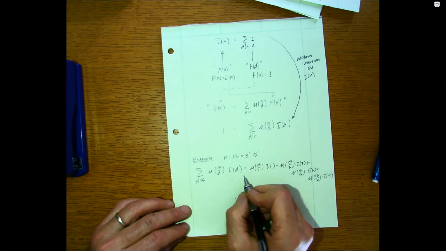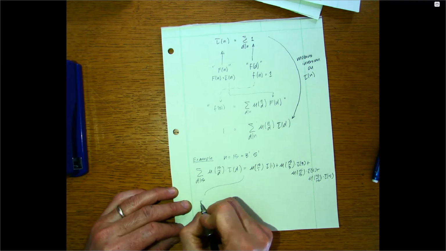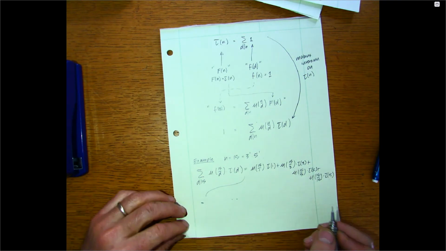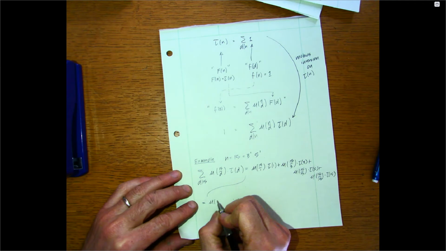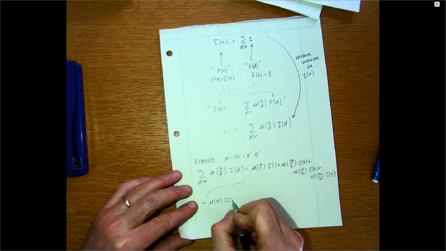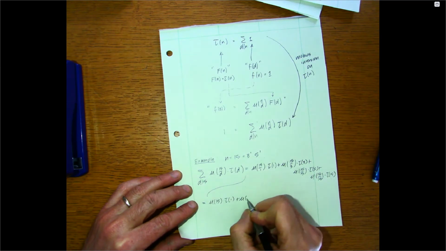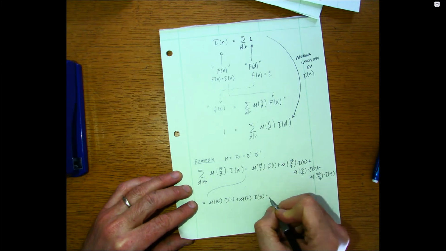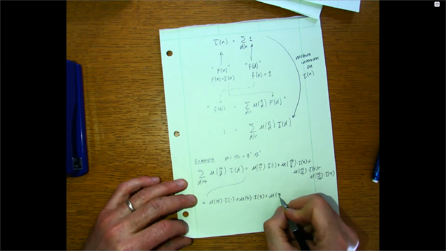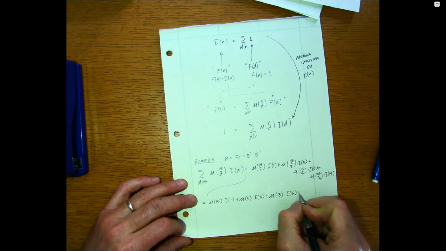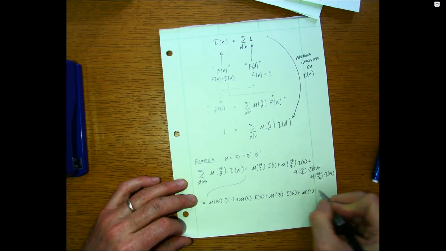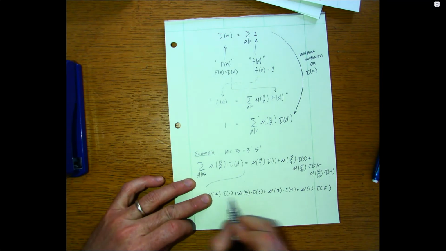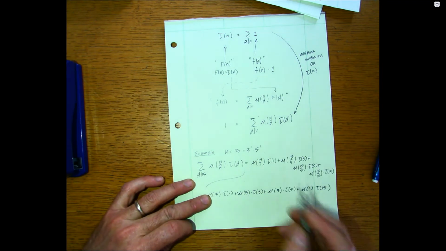I'm sorry, this is really messy. Let's write it out without fractions. We get mu of 15 times tau of 1, plus mu of 5 times tau of 3, plus mu of 3 times tau of 5, plus mu of 1 times tau of 15. Once again, we're seeing this just as factor pairs, because of the definition here.